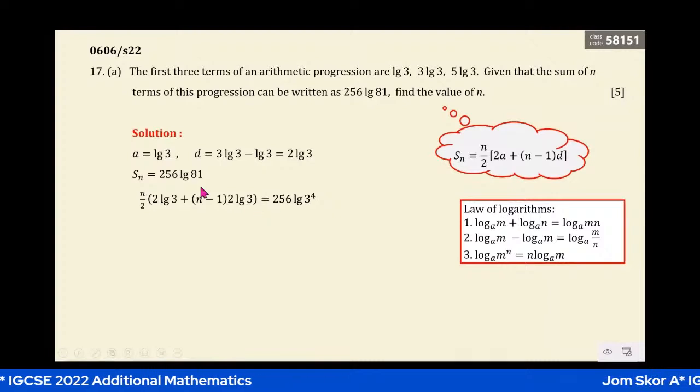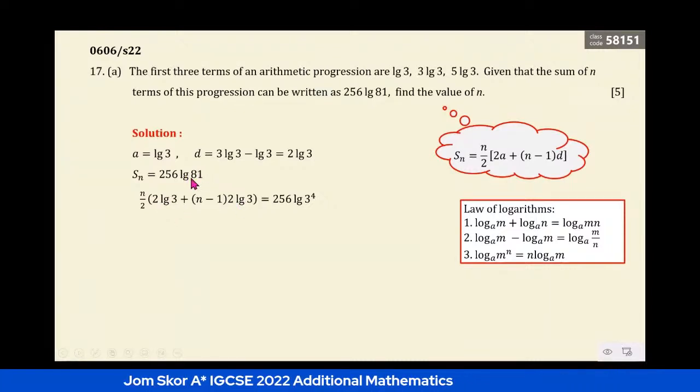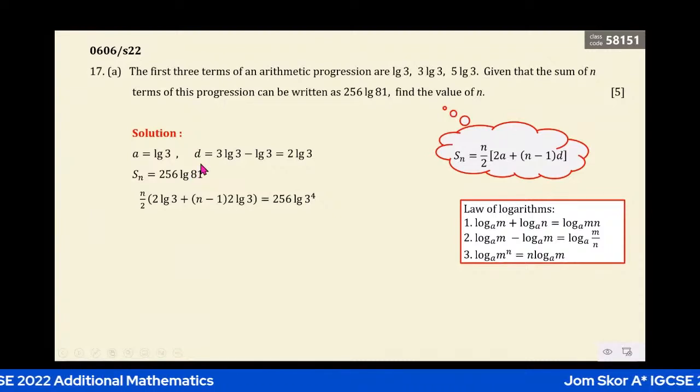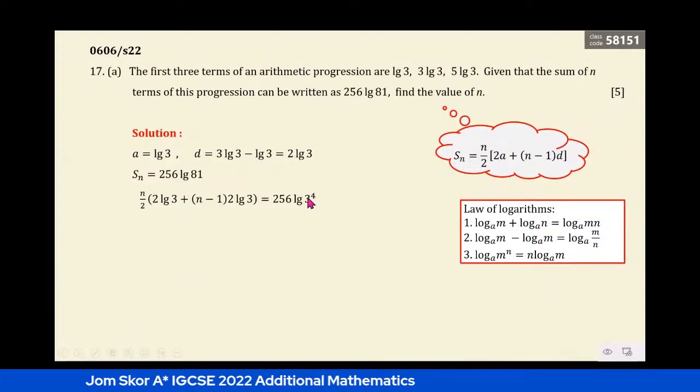Okay, and here, if you notice, semua ni dalam log 3. Okay, and then 81 can also be written in log 3 to the power of something because 81 is a multiple of 3. So kita buat terus siap kat sini. So 256 log 3.